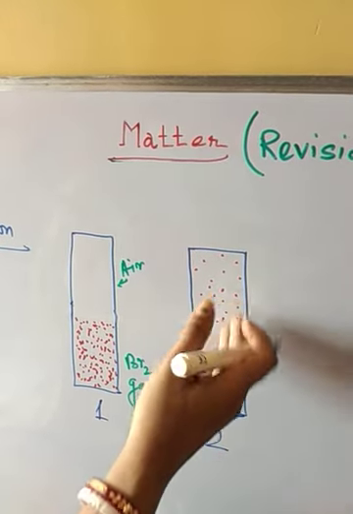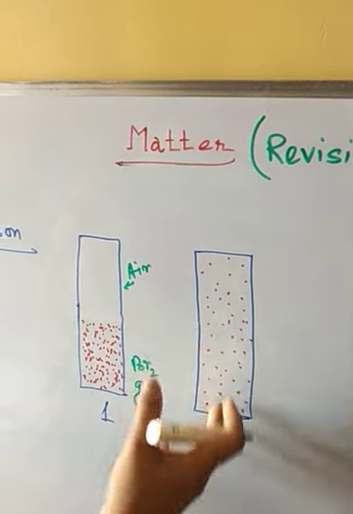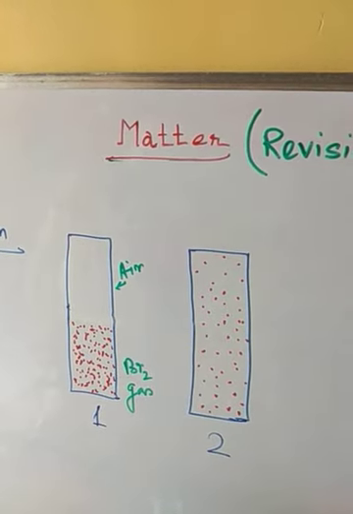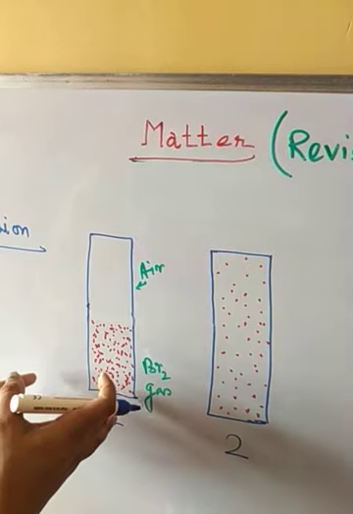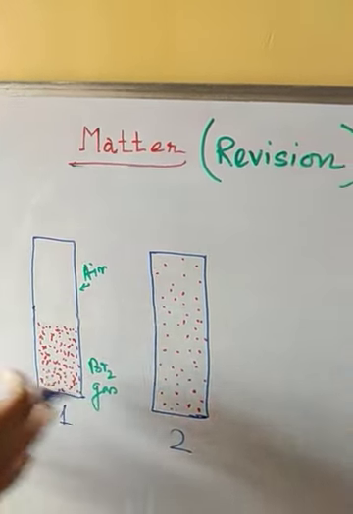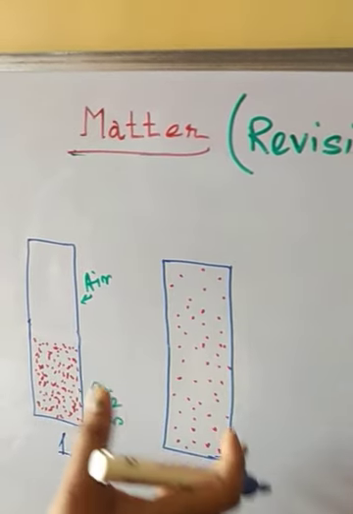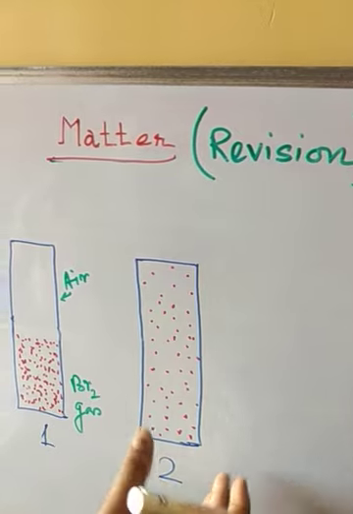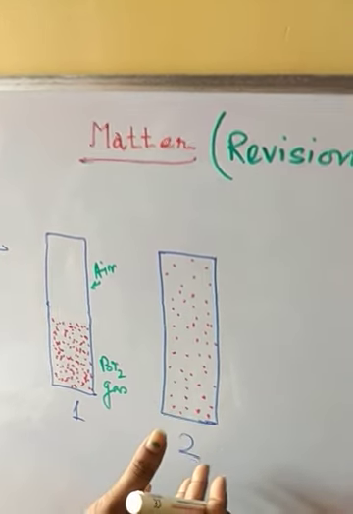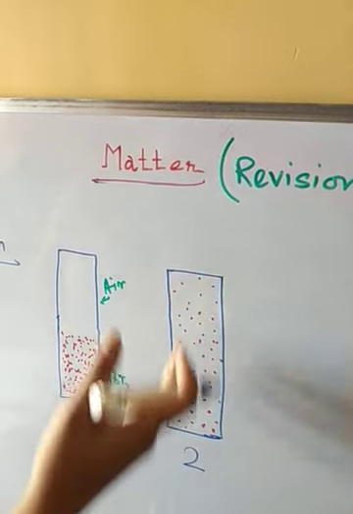That means here we will be getting a little less of the brownish color in the gas jar. It was dark red in the first case, and here, as the bromine gas has been spread all over in these two gas jars, its color will fade a little, and we will be getting the brownish color of this mixture.